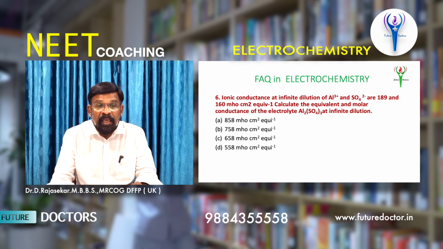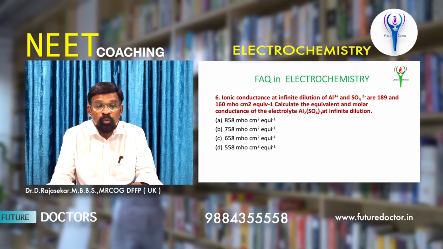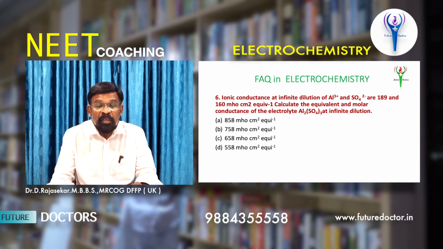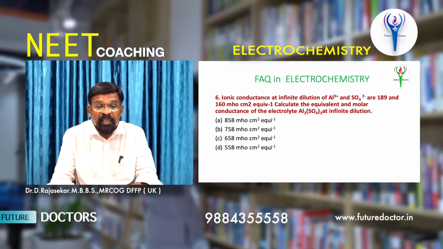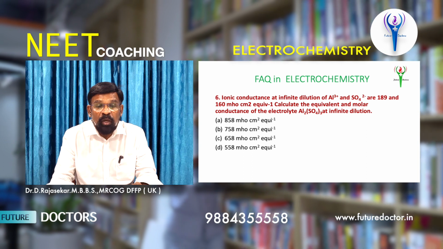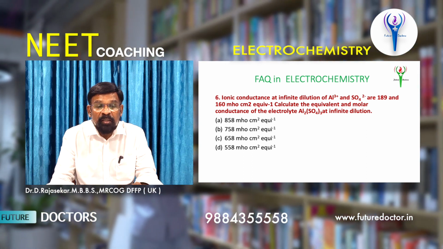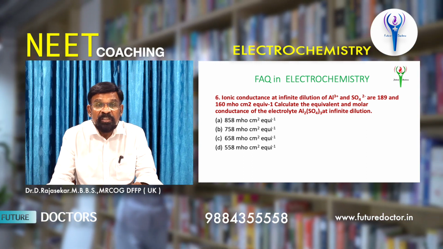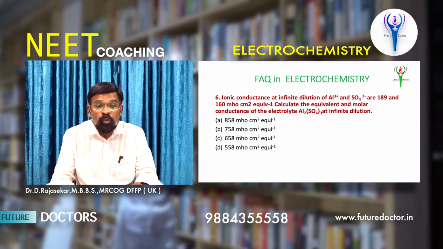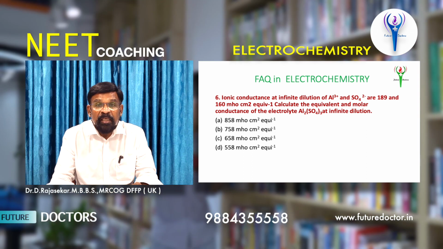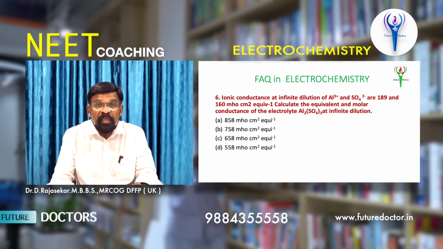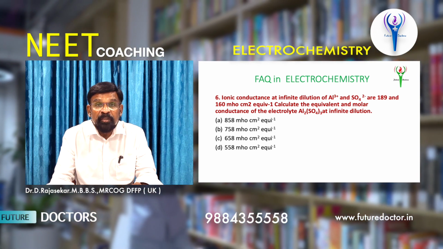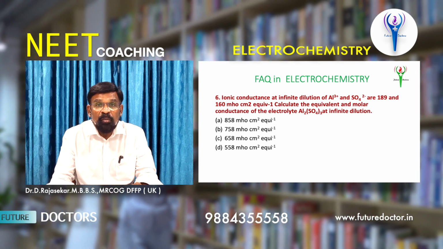Option A, 858 mho cm² eq^-1. B, 758 mho cm² eq^-1. Option C, 658 mho cm² eq^-1. Option D, 558 mho cm² eq^-1.